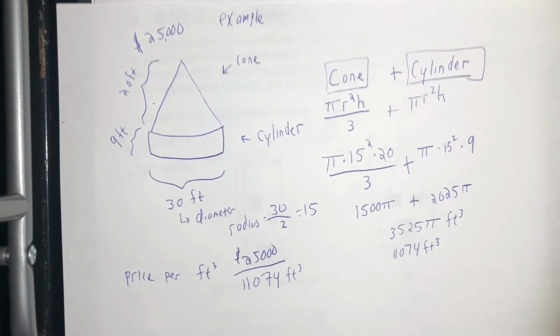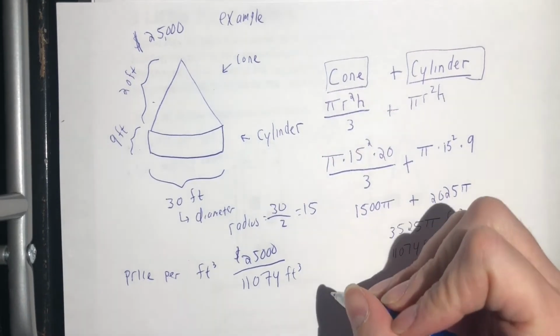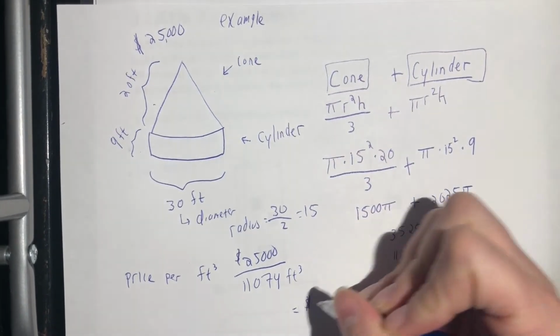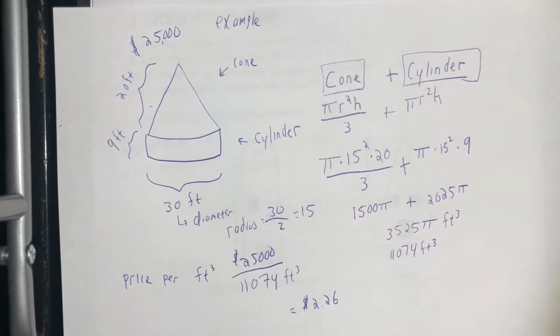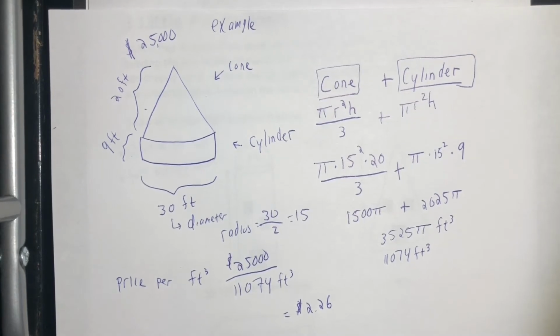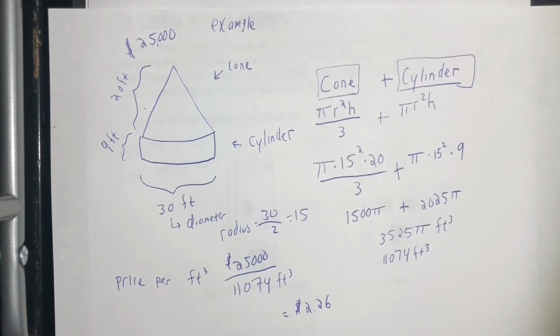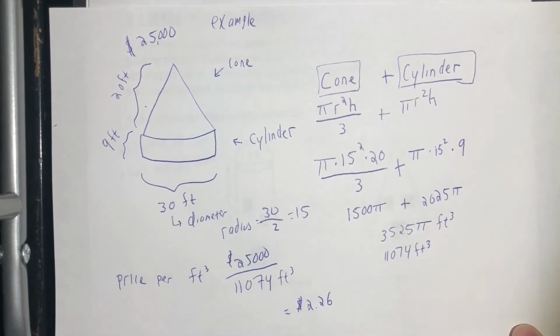I rounded that, it's 0.11, but it's not gonna make much of a difference. 2.26. So it's about $2.26 per cubic foot. It seems fairly inaccurate, but keep in mind, I took the $25,000 from a much smaller house.